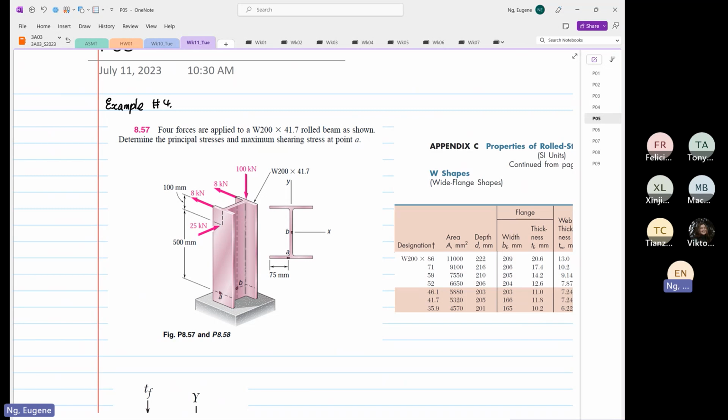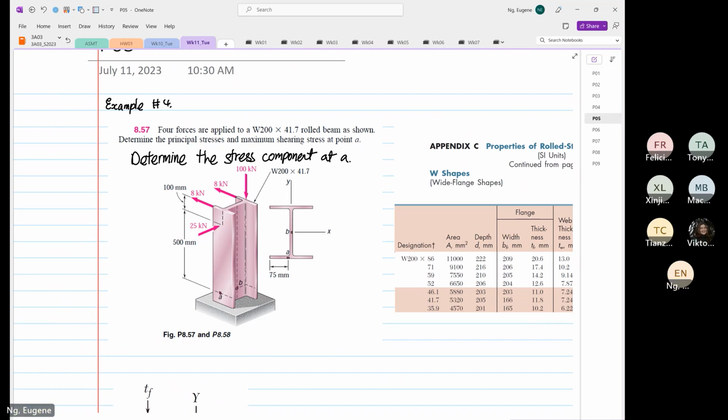Determine the principal stresses and maximum stresses at point A. Don't worry about principal stresses and maximum stresses first, but rather we want to determine the stress components at A. We also can do B. You can see where A is.